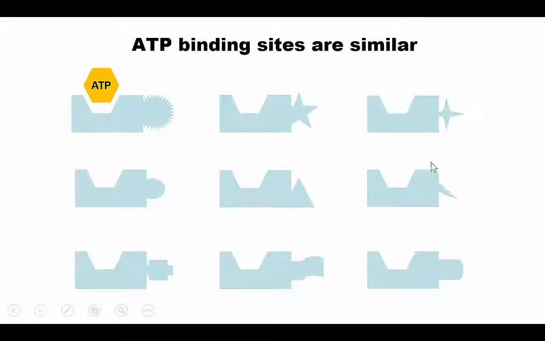Even though we have 500 different kinases, all of them have a very similar binding pocket for ATP. That's something we can assume. That means if your drug development is targeting this ATP binding site, it's quite difficult to differentiate different kinases because the binding site has almost similar structures to each other.